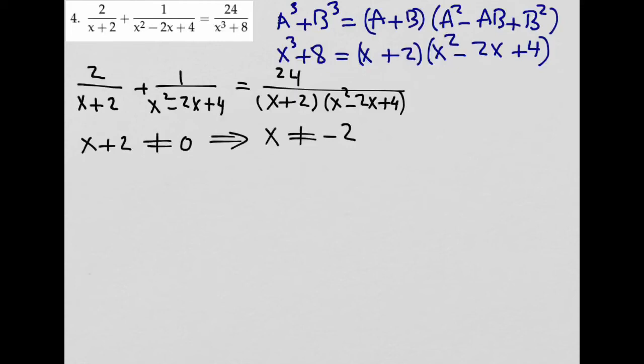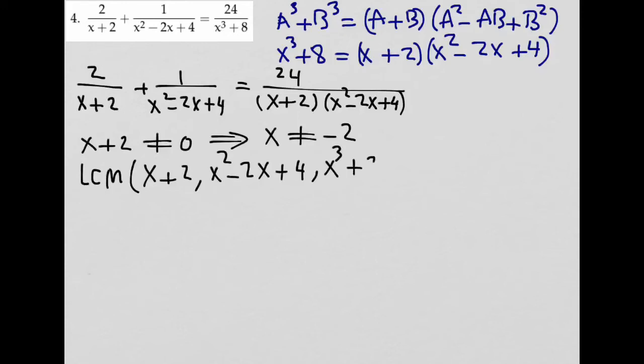Now, the LCM of our denominators, x plus 2, x squared minus 2x plus 4, and x cubed plus 8, that's x cubed plus 8, which, remember, is equal to this expression, the product of x plus 2 and x squared minus 2x plus 4. So I'm going to multiply by this LCM on both sides of the equation.